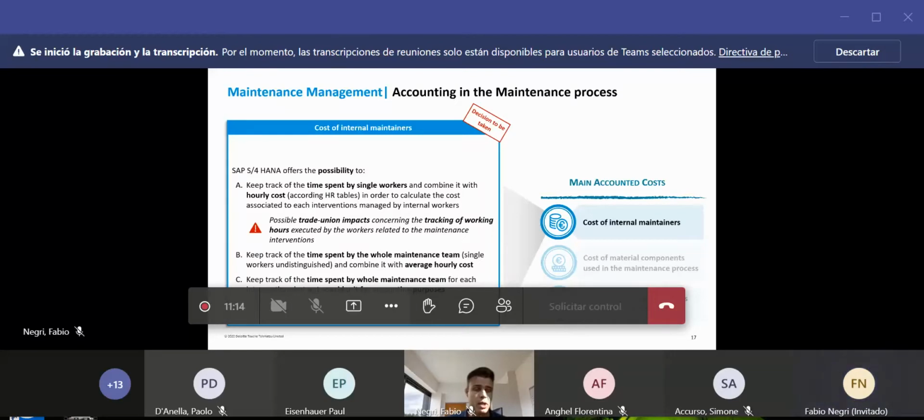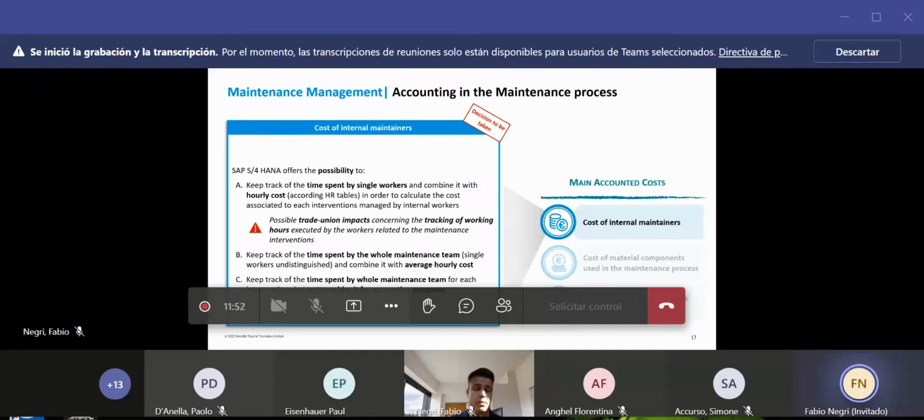if we take this first path, it is right to consider that it may cause some trade union impacts, because the solution would track the working hours of the people, and this may be a situation that is difficult to accept for the trade union, especially for a big manufacturing company.